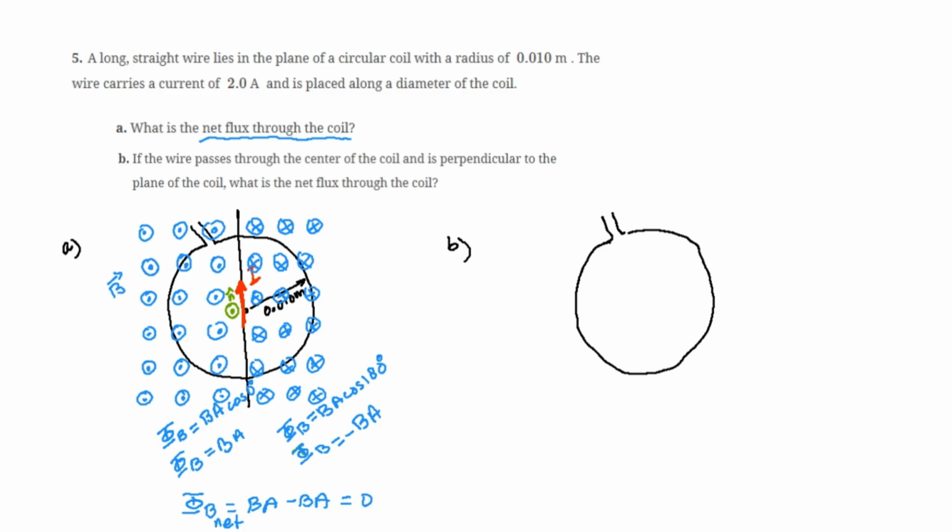And I will put this cross, because this cross represents the direction of the current. So I have a current entering into the plane. So this is the loop. This is the wire with a current that enters the plane of the screen. Right? Now what happens? When you analyze the field surrounding that wire, the magnetic field that surrounds the wire is circular, like this.